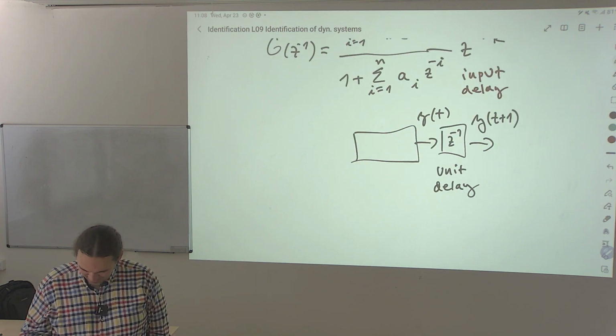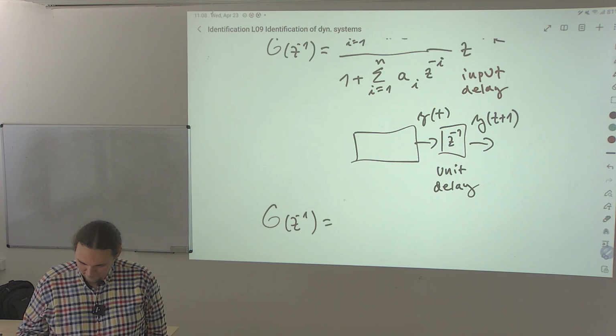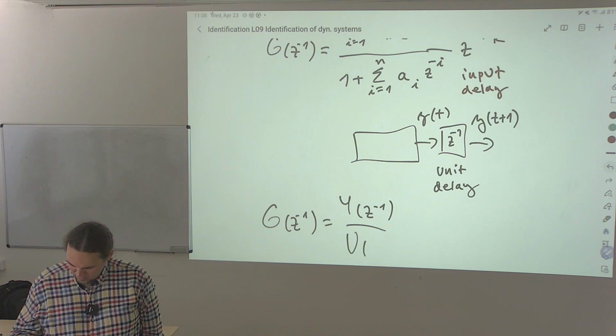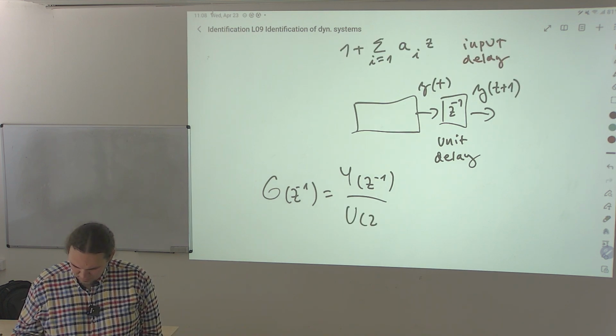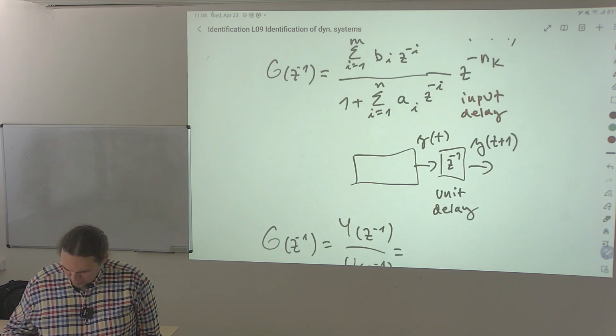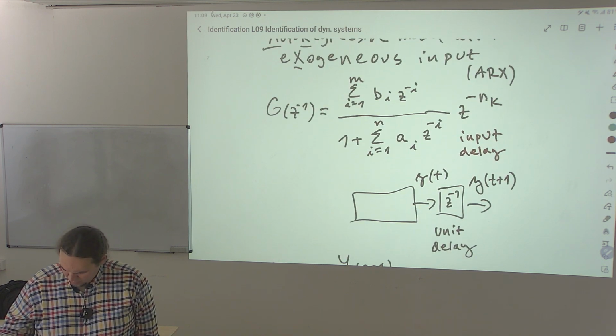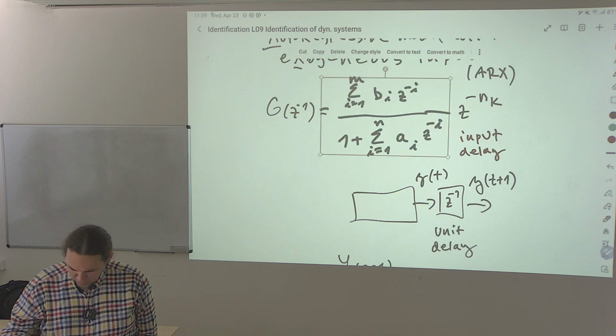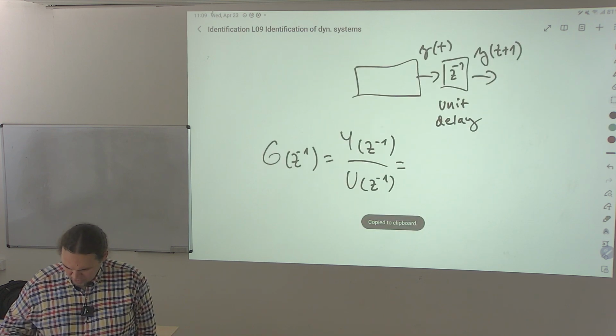Well, we can make one large fraction from it. This is basically what we have. Let's just take only this part to make it easy.